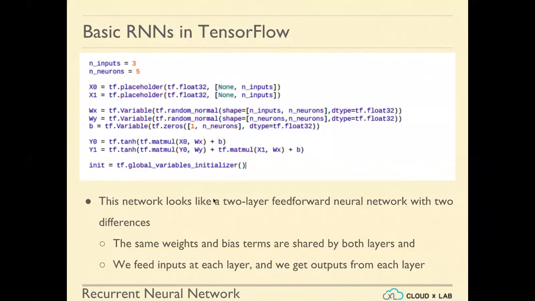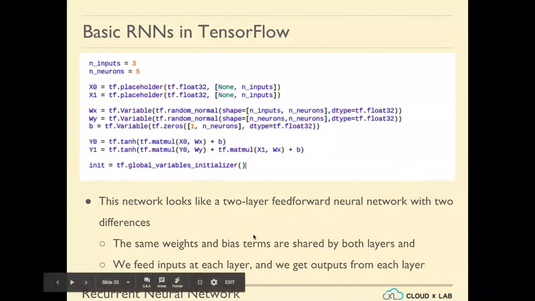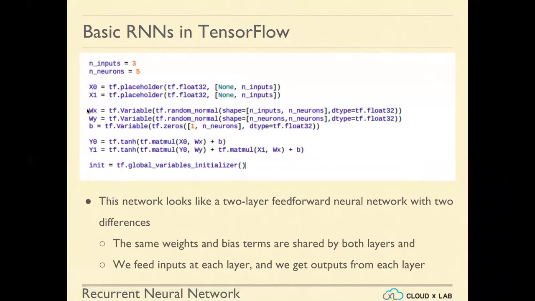All right. So the network looks like a two-layer feed-forward neural network with two differences. The same weight and bias terms are shared by both layers. So it looks like normal, as if we have two neurons in two layers, one going to another.